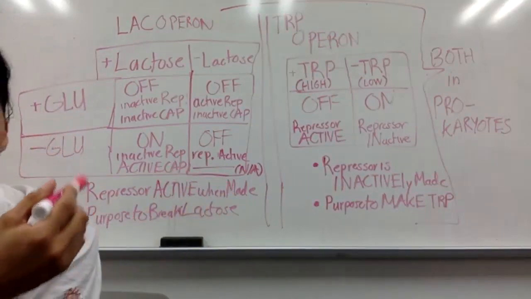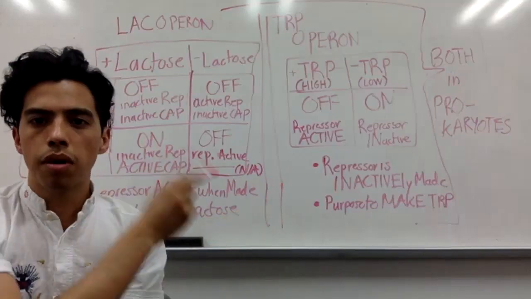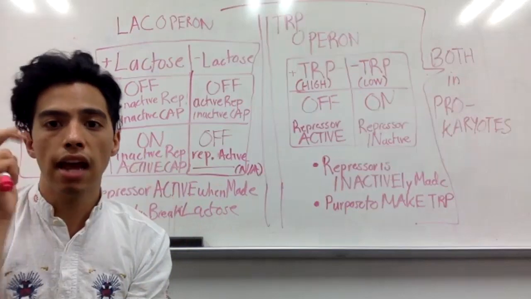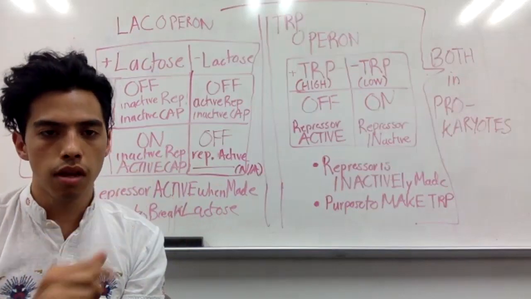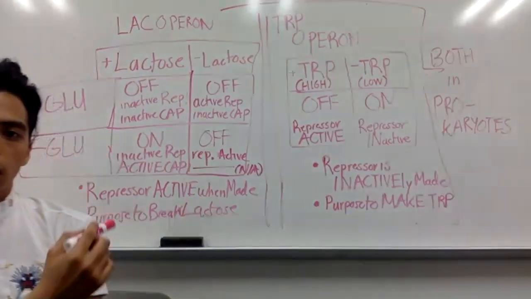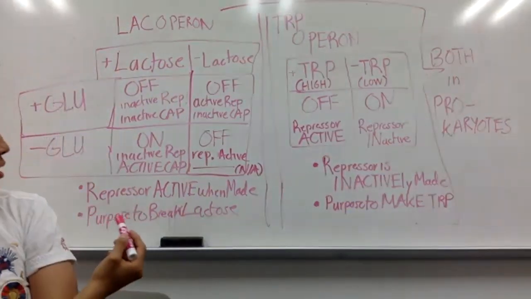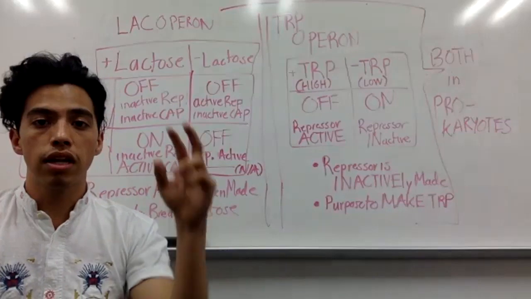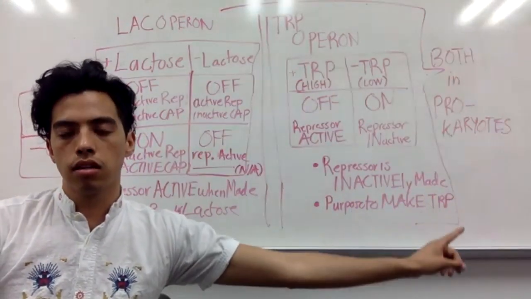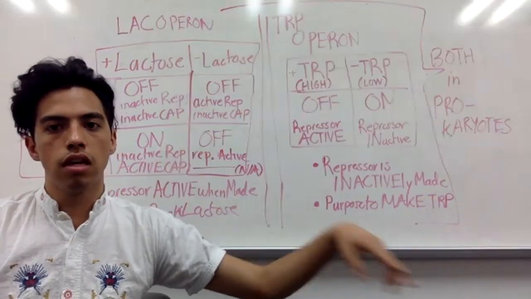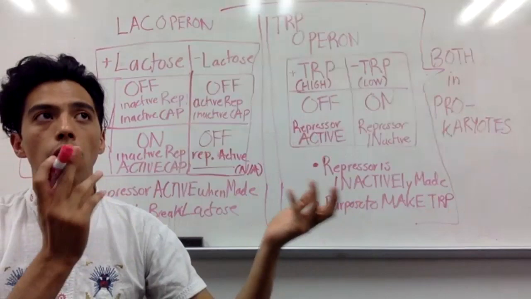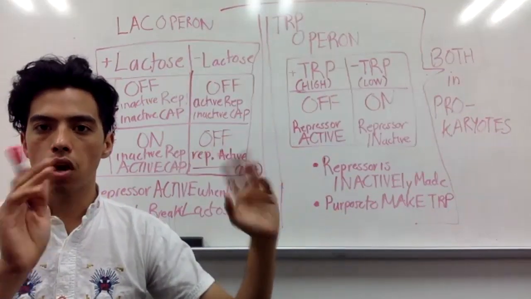Compared to the trp operon, when the repressor is made, it's made inactive, and so it has to be activated. The other thing is that the purpose of the lac operon is to break down lactose, while the purpose of the trp operon is to make tryptophan. One is to break, one is to make. That can help you remember when it's going to be on or off.